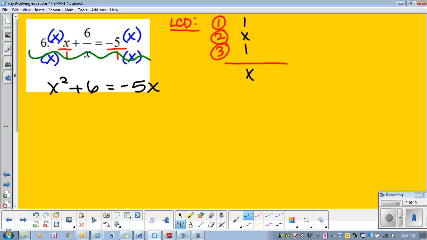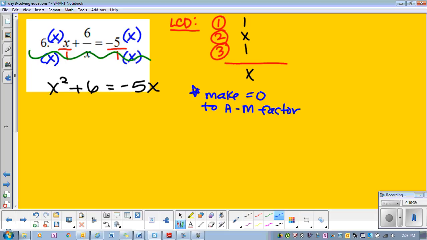Why did you say, oh no, we have to factor? What factoring method? I see an x squared, I see an x, and I see a number. So can we please make a little note here? We have to make it equal to 0 to factor.